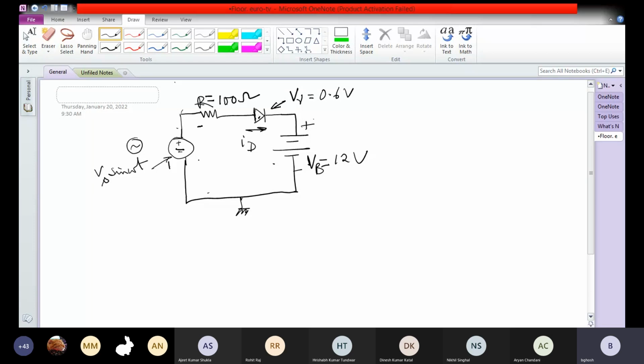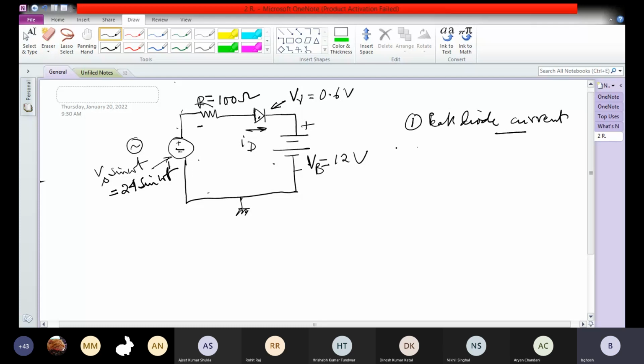And Vs here is 24 sine omega t. We are supposed to find, number one, the peak diode current.